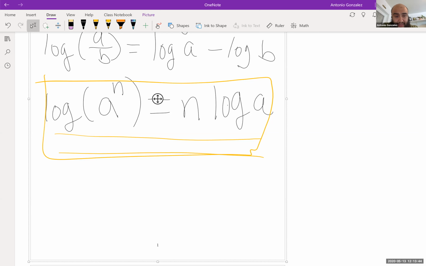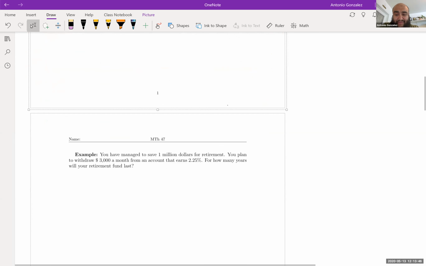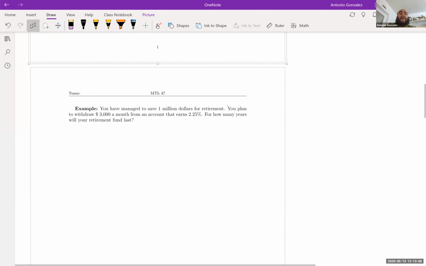So this is the property that we will be using. Let's do an example here. Let's say you have managed to save $1 million for retirement, and you plan to withdraw $3,000 a month from an account that earns 2.25%. For how many years will your retirement fund last? Always ask yourself with any of these problems: what am I doing in this situation?